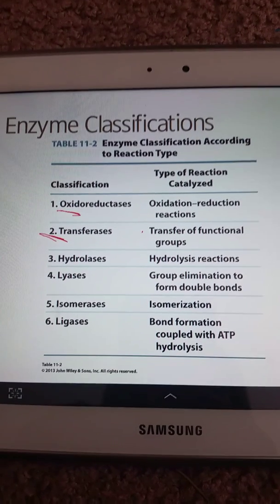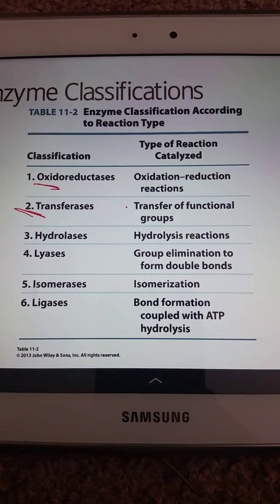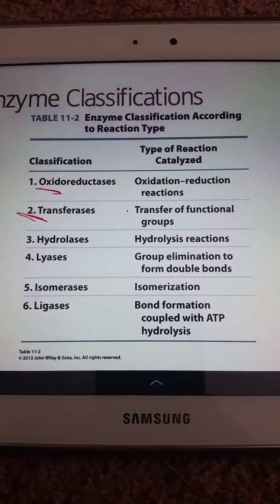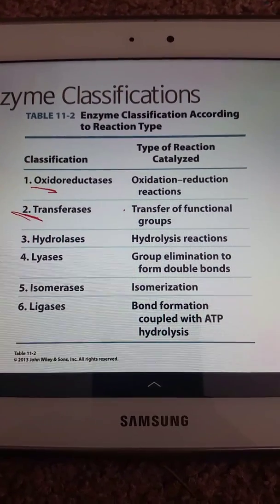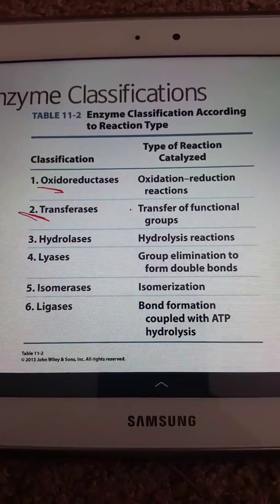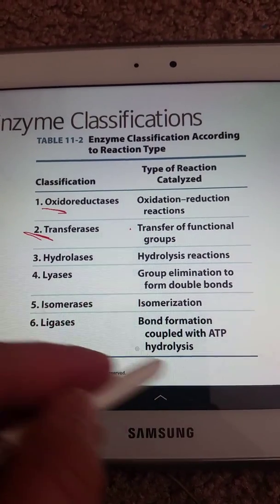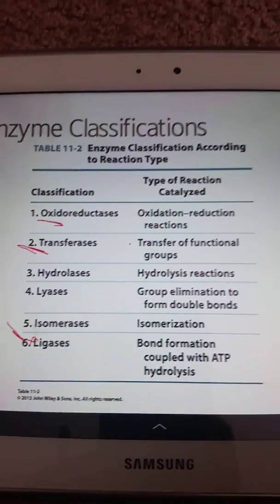Lyases are group elimination to form double bonds. Isomerases perform isomerization reactions, so going from maybe the D to the L conformation in a chiral molecule. And then ligases do bond formation coupled with ATP hydrolysis. If you think about ligases, I always think of it as gluing molecules together.